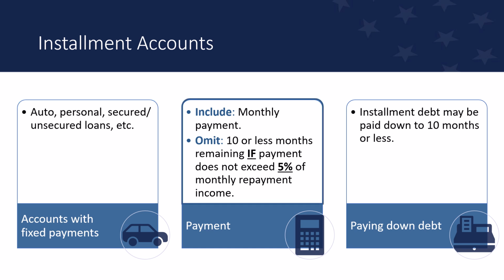If there are 10 or fewer months remaining, the monthly debt may be omitted as long as it is less than 5% of the monthly repayment income. The remaining debt for installment debt can be paid down and reduced to 10 months or less. It's important to remember that regardless of an account's balance, if it is being omitted, you must verify that it doesn't exceed 5% of the applicant's repayment income.